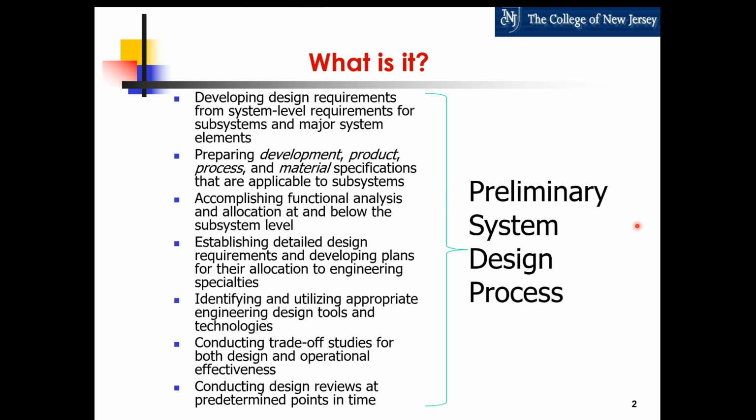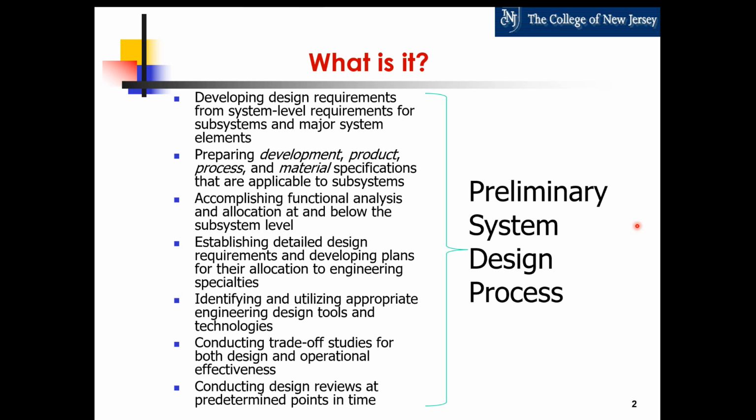So some specifics of what that is. We're going to do a lot of the same things that we discussed as applicable to the subsystem elements of the overall system. We're also going to talk about more types of specifications for processes and materials beyond the type A that we already discussed.